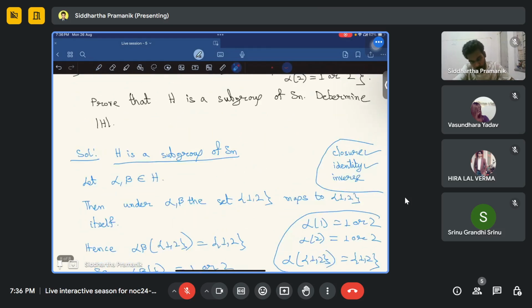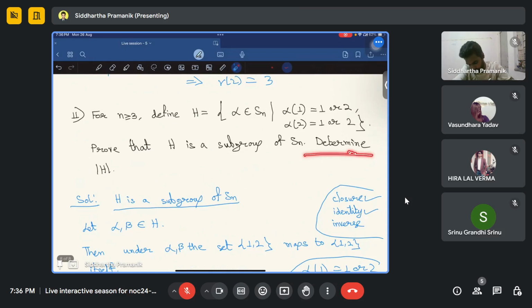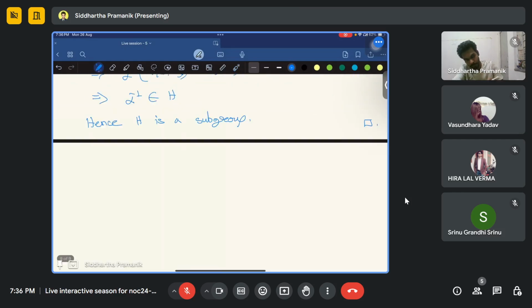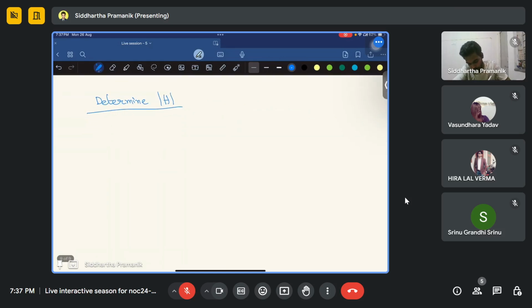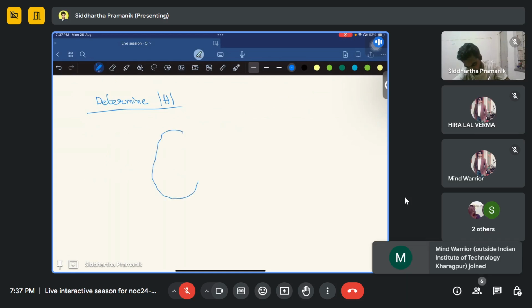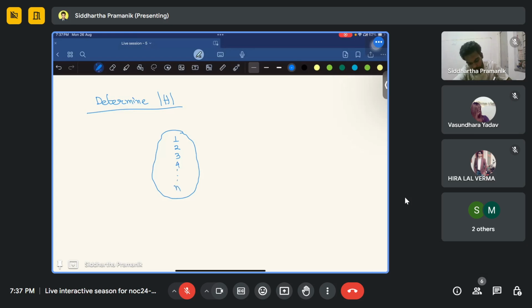Okay, so let me do the second part, which is the order of H. So determine the order of H. So let's say this is your set 1, 2, 3, 4 up to n, and let's take the same set 1, 2, 3, 4 up to n.